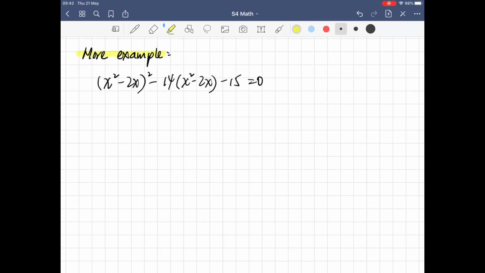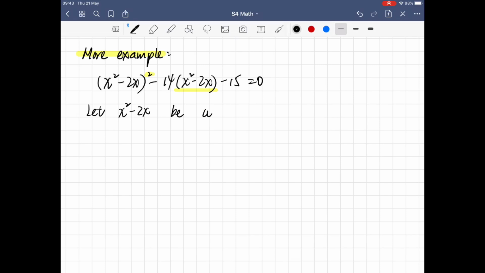So we can take a look at one more example. The example is shown. In this question, again we can see the power is 2, and then we can make use of the hints from the question. So we can let x squared minus 2x be, it may not be a or b, we can let it be any unknown. For example, in this case I will let x squared minus 2x be u.